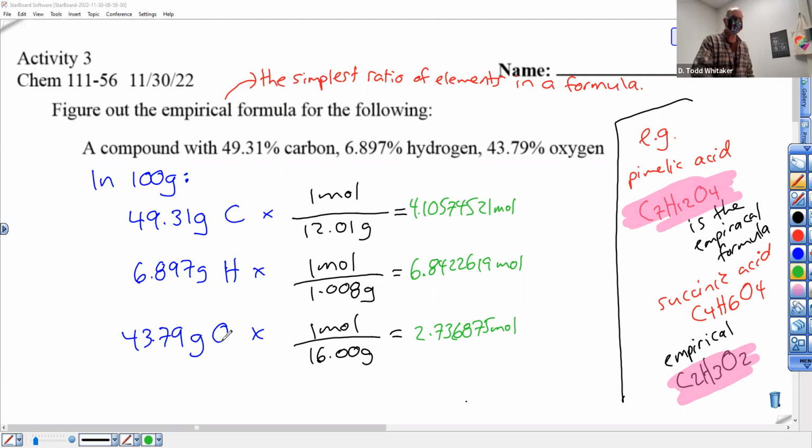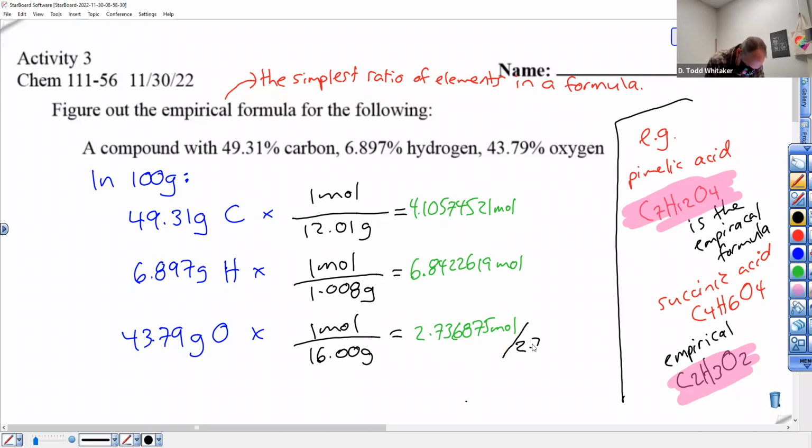So far, our strategy started with us assuming 100 grams of stuff. That made these numbers instantly into grams. And then the next part of my strategy is pick the smallest of these three numbers and divide each of these numbers by that small number. So 2.736875 is the smallest number.